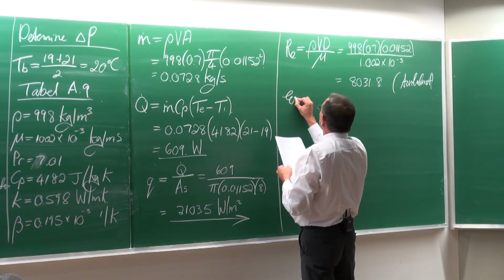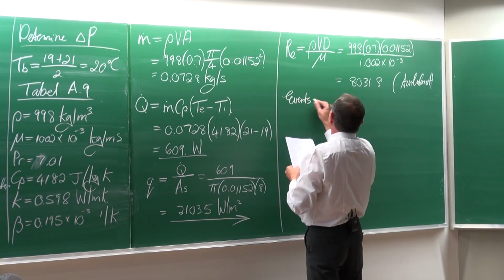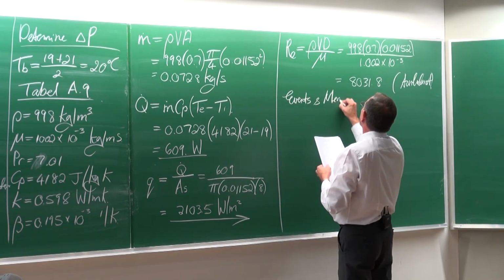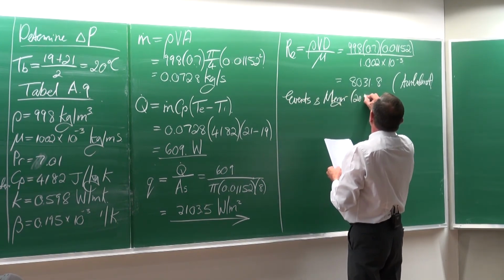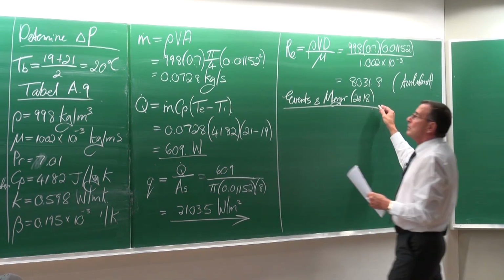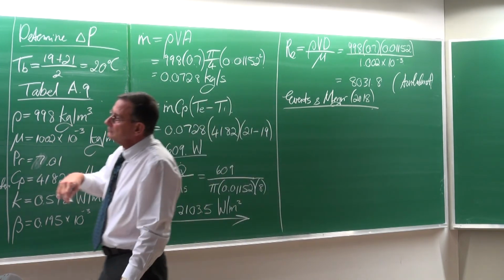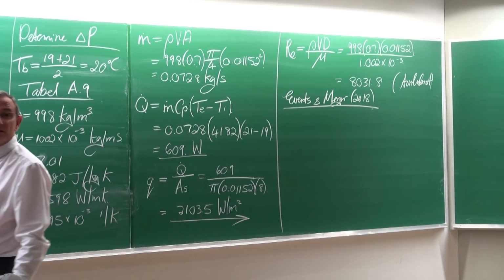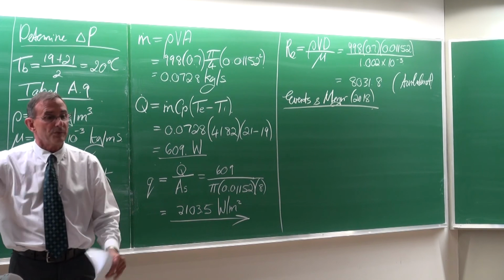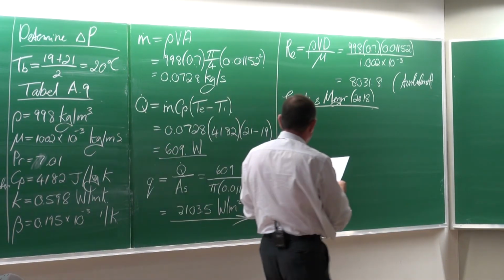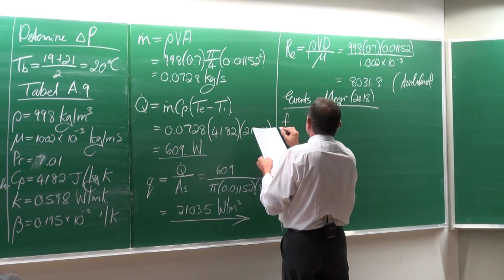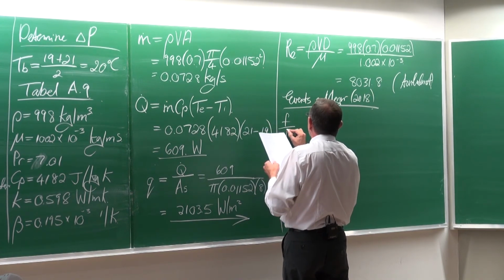Okay, so then we can make use of the equation of Everts and Meyer. Take note, because the flow is turbulent, this is the equation to be used, not the one for laminar flow. And it says that the friction factor divided by the J factor.